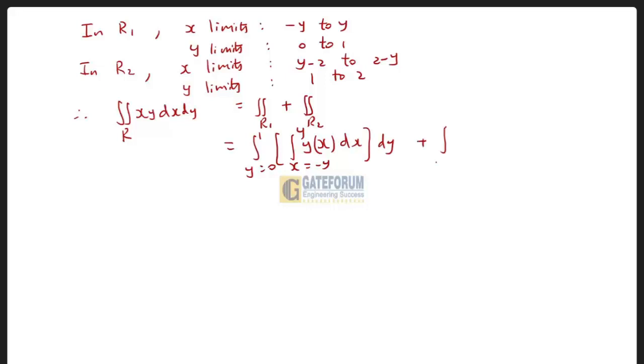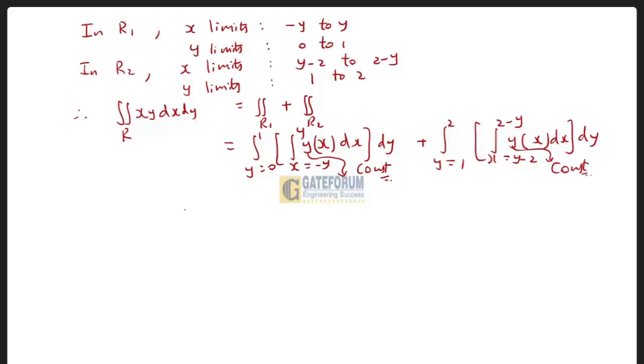Plus in the second integral, y equal to 1 to 2 stays outside, and the x limits are y minus 2 to 2 minus y, again first integrating with respect to x, then with respect to y. Okay, so the y limits are constant.